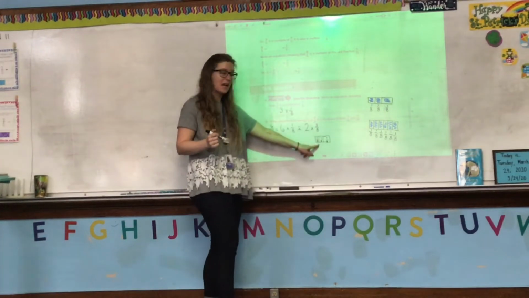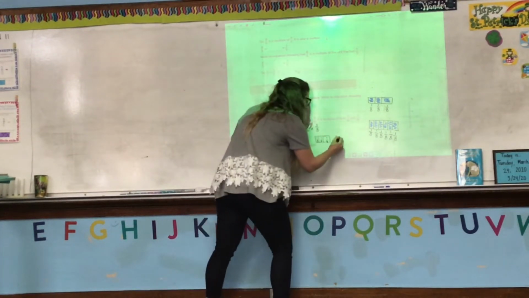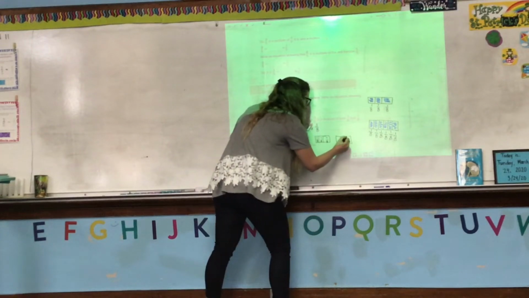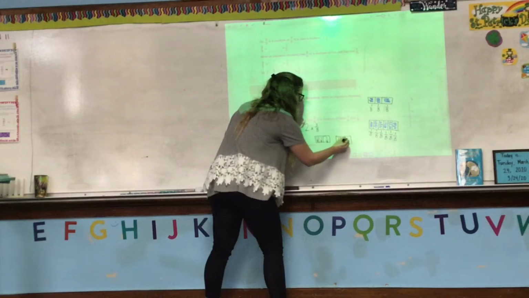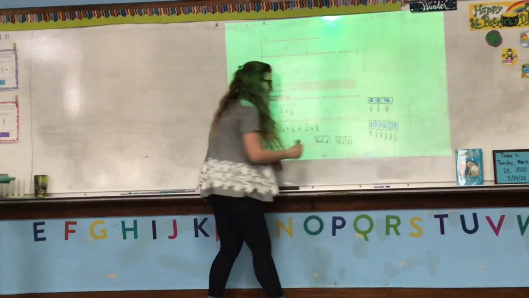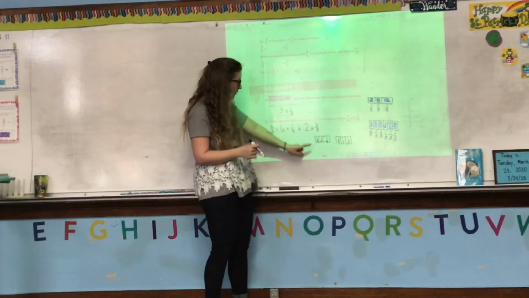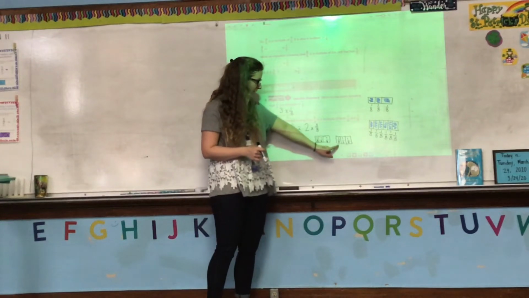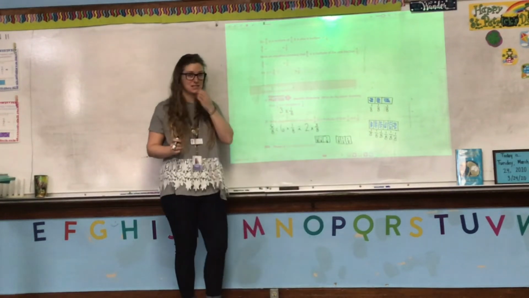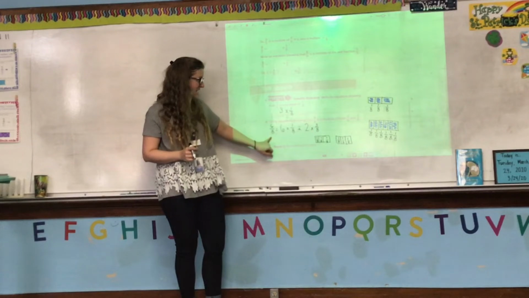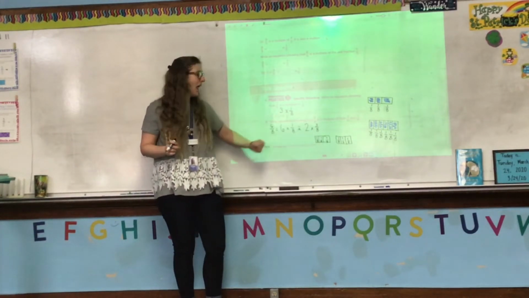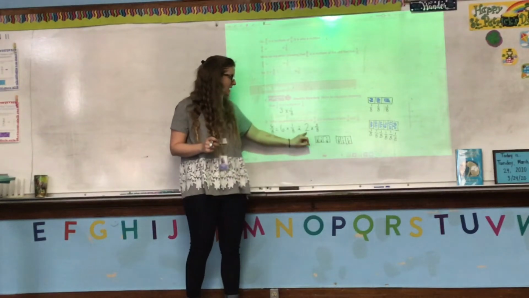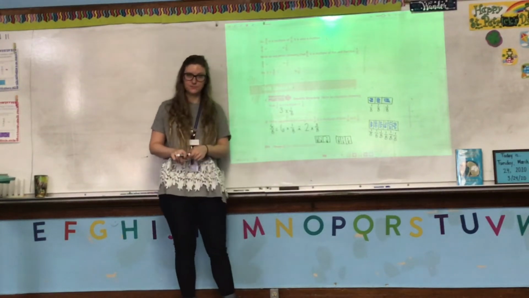So there's 3/8 the first time, and now we're going to model it again. 1, 2, 3, 1/8, 1/8, 1/8. If we put them together, we would end up with 1, 2, 3, 4, 5, 6 eighths. So that means 6/8 as a multiple of the unit fraction is 6 times 1/8. And as a multiple of 3/8, it is 2 times 3/8.